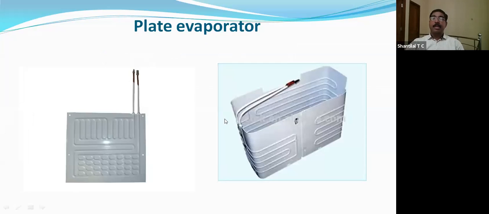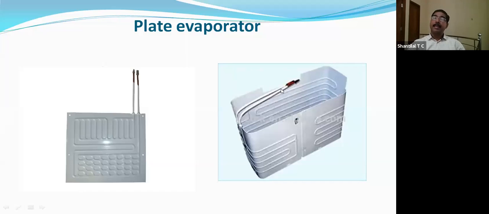See here, a plate will be there. Between this plate, channels or grooves are provided, through which the refrigerant passes. What is the function of the plate? The plate is used to increase the surface area for air contact. This plate is generally made of aluminium, as aluminium has better heat transfer capacity.